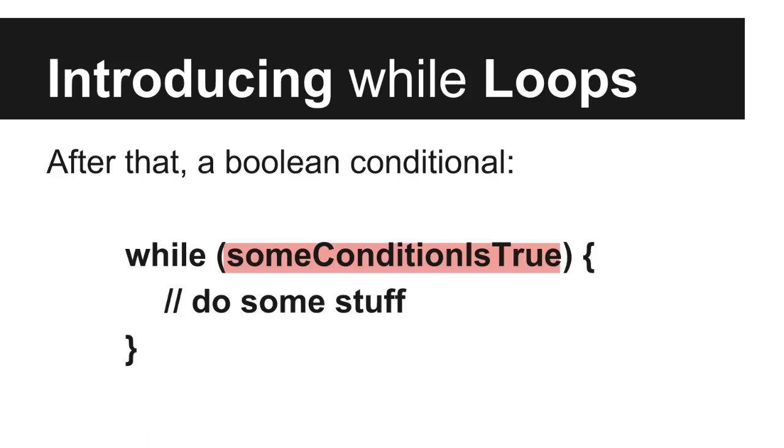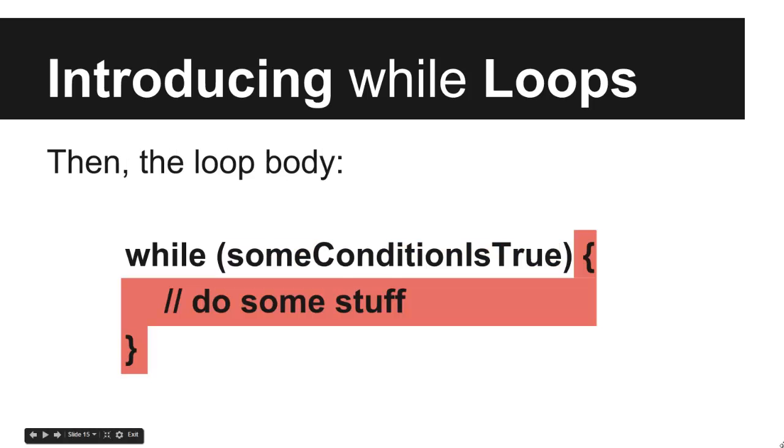But for right now, we'll just use the relational operators, the equality operators, and maybe raw Booleans themselves, perhaps with some of the logical operators. If that condition is true, we do some stuff. If it's not true, we skip down to the very end, this closing curly brace, and we just call it good. Okay? That's while loops.